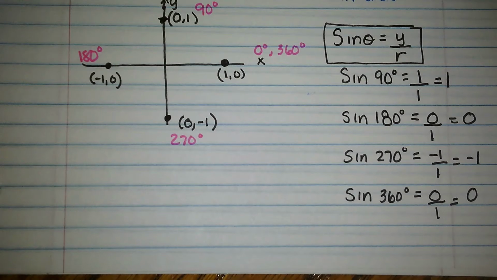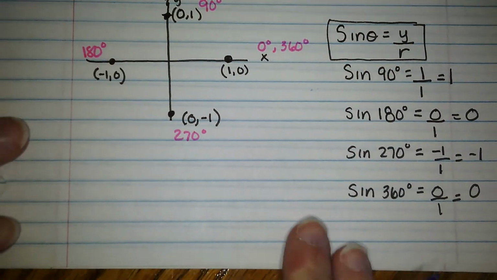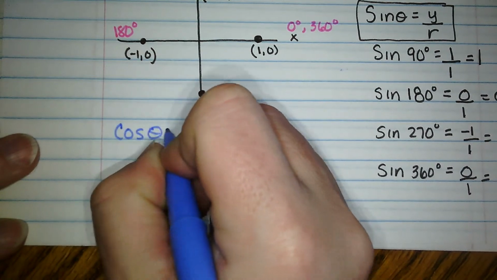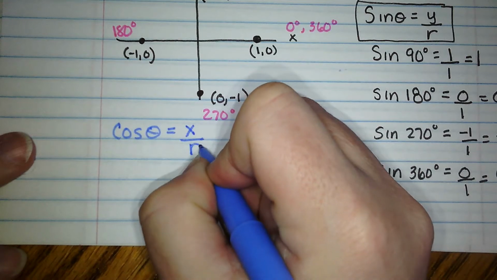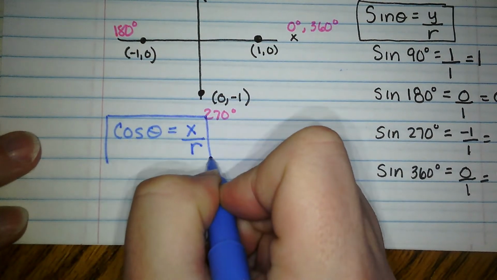Now what we're going to do is take a look at cosine. I'm not going to do all of these. I just wanted to give you the how-to so you can develop this on your own and make sure that you're comfortable. So for cosine, if I'm looking for cosine theta, I'm going to use the relationship of x over r. That's my formula or my ratio for cosine.